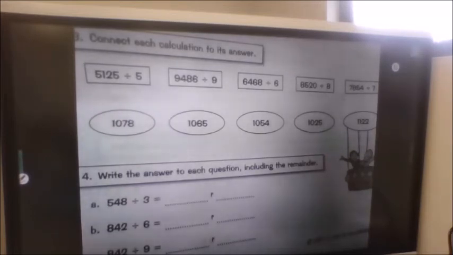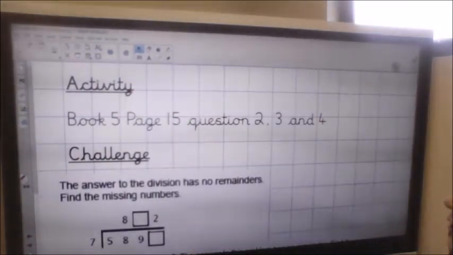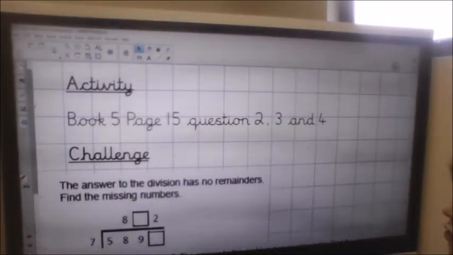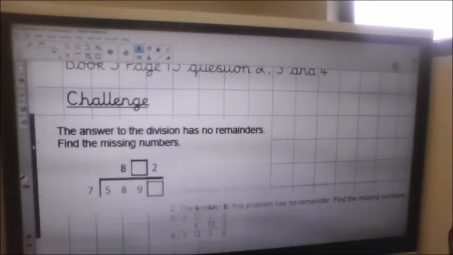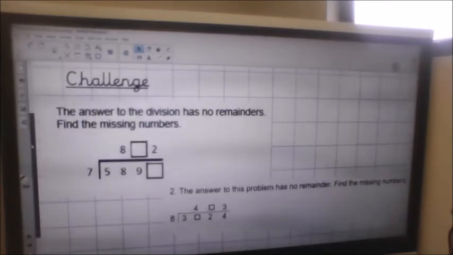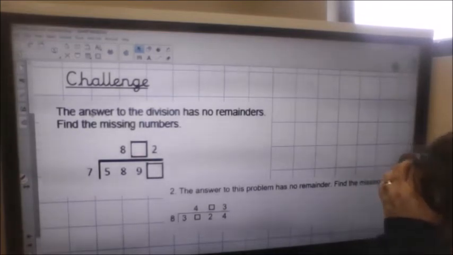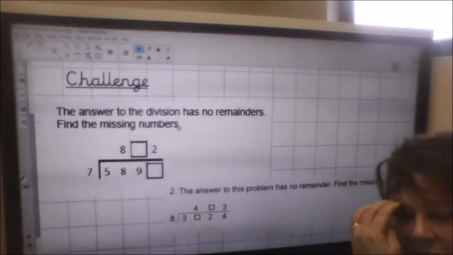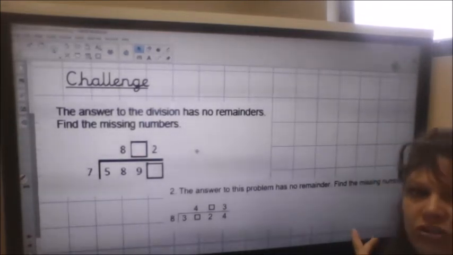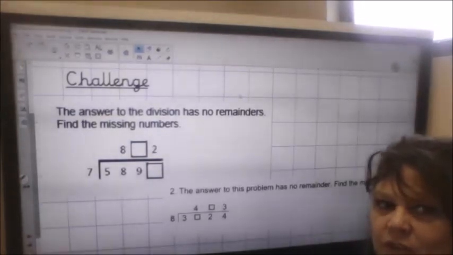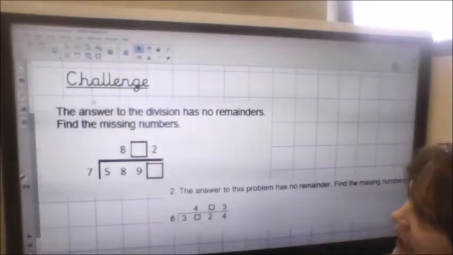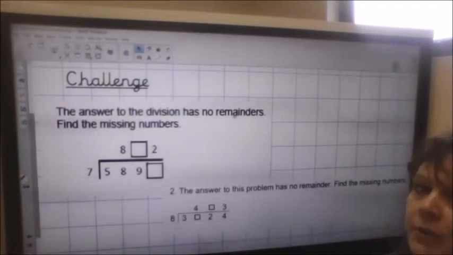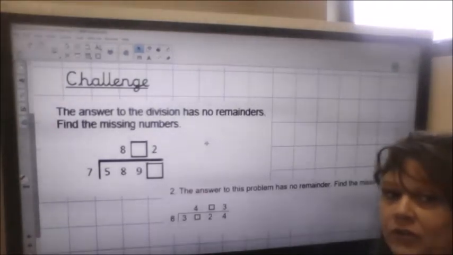And you've had lots of practice this morning with it. So then finally, because we've done lots and lots of maths this morning, I've got 2 little challenges here, a little bit like we've done previously, where you've had to work out what's the error. This is working out the missing number. So you're told here the answer to the division has no remainders. So there's no remainders in this question.